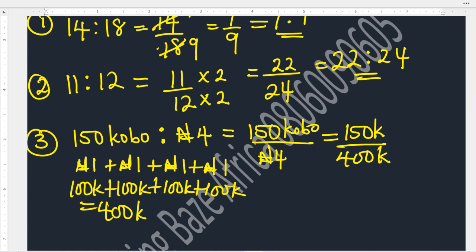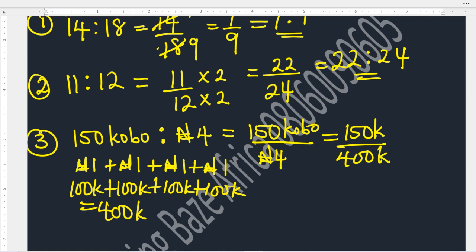So before you can express the ratio as simple as possible, you need to make sure that the numerator and the denominator of the fraction are in the same unit. So we have been able to make both numbers to be in the same unit.